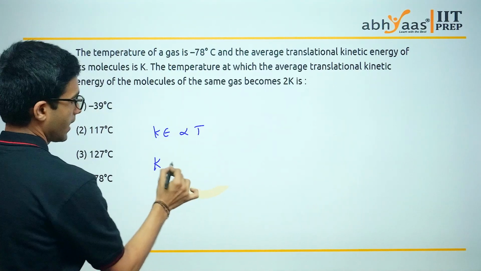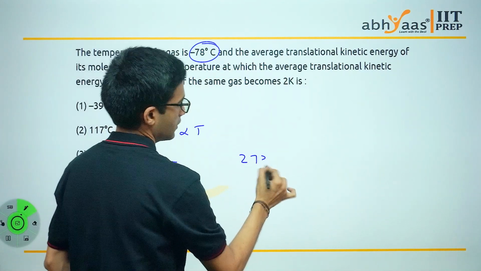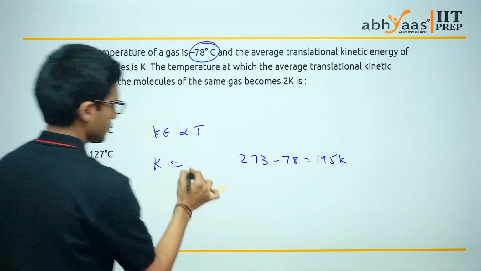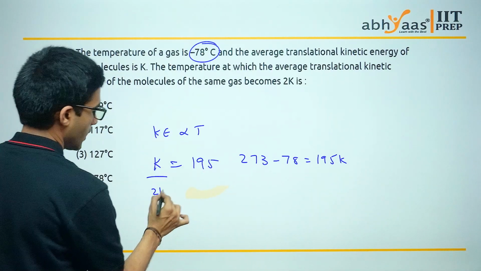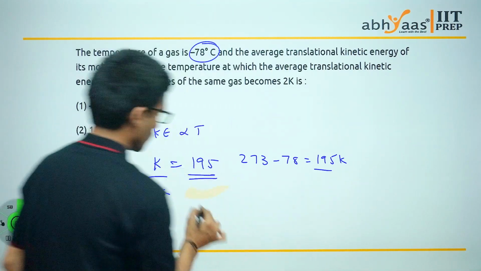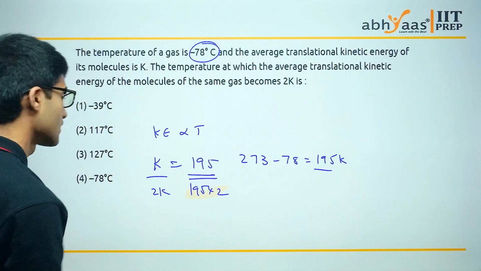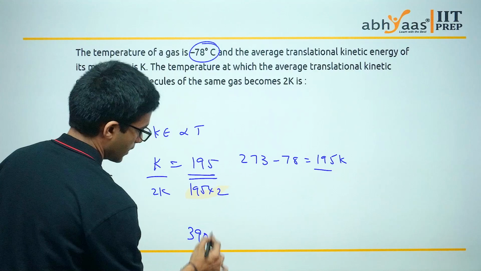First one is minus 78, that means 273 minus 78 is 195 Kelvin. For 2K, temperature should also be double, that means 195 into 2, that is 390 Kelvin.